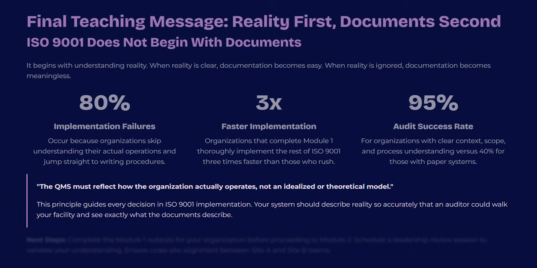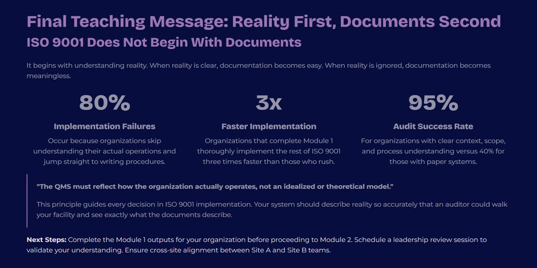Your system should describe reality so accurately that an auditor can walk your facility and see exactly what the documents are describing. So next step, make sure you complete this model thoroughly and understand it before you move to Model 2.